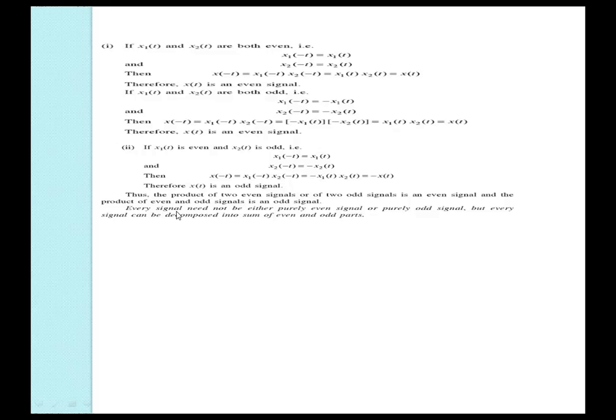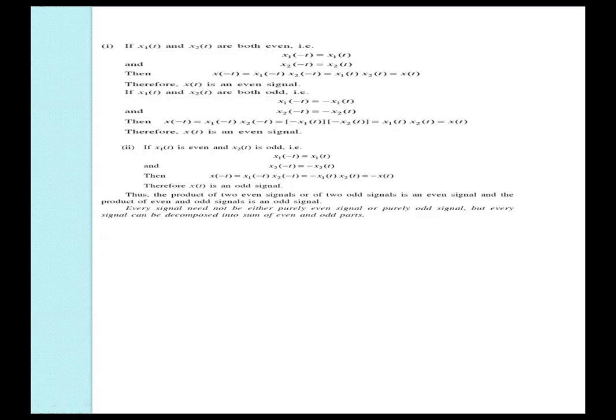Okay, every signal need not be purely even or purely odd, but every signal can be decomposed into a sum of an even signal and an odd signal. This is a very important point, my dear students. So remember this: every signal need not be purely even or purely odd, but every signal can be decomposed into the sum of an even signal and an odd signal.